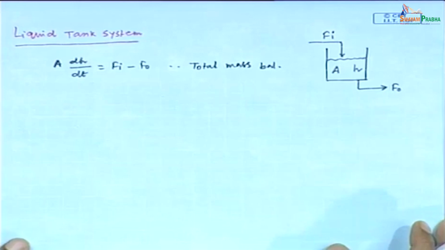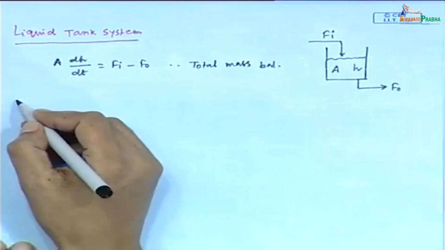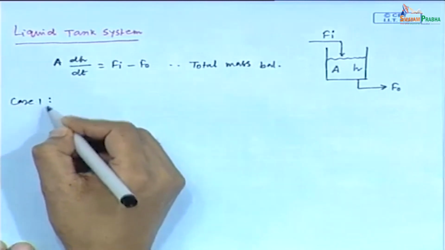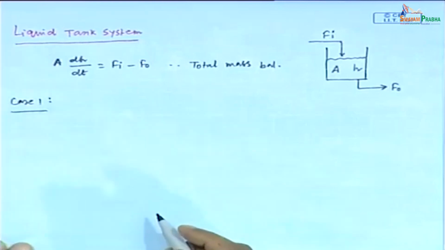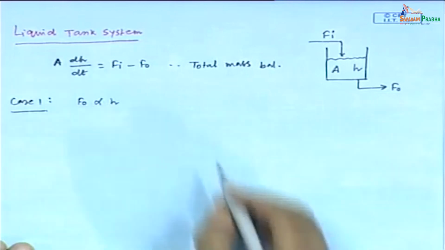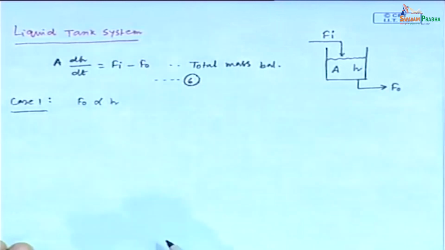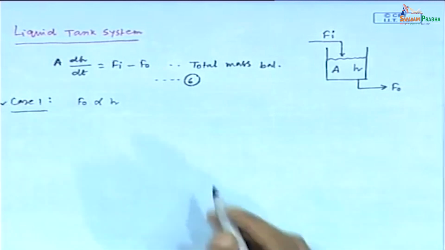Fine. Now, this outlet flow rate is basically a function of liquid height. The outlet flow rate F naught depends on the liquid height in the tank. We will consider two cases. In the first case, we will consider F naught is proportional to H. Give this as equation number 6.